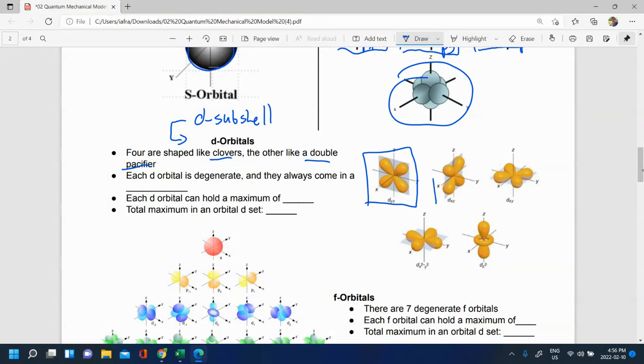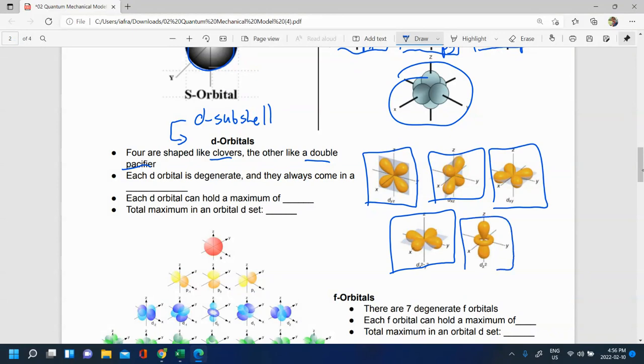This is an orientation, this is an orientation, so is this, so is this, so is this. So you have 5 boxes now. You have 5 d orbitals. So you have 1, 2, 3, 4, 5. So 1, 2, 3, 4, 5 corresponds to each one of these over here.